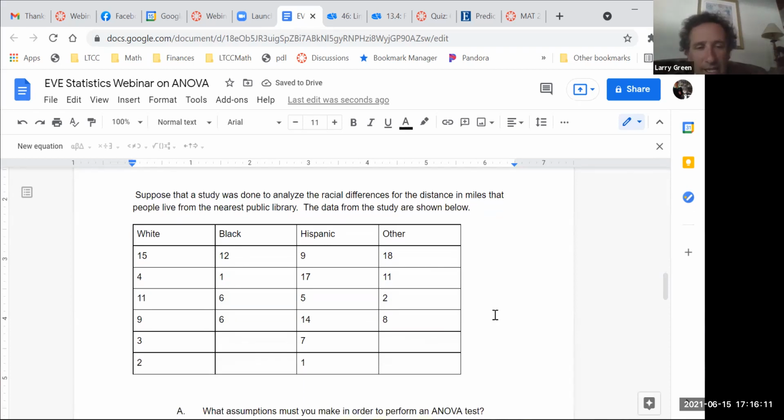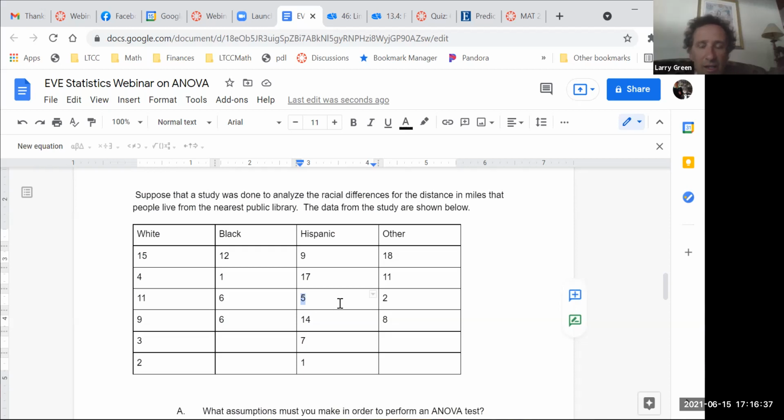We have whites, blacks, Hispanics, and other races. Notice that this 15 means that the first person, who was white, lives 15 miles from their nearest public library, whereas the third person, who was Hispanic, lives 5 miles from the nearest public library.